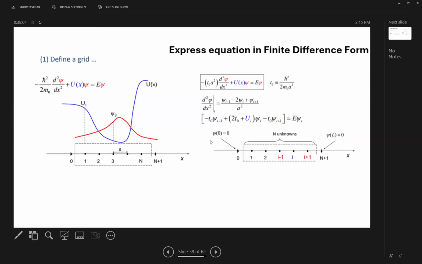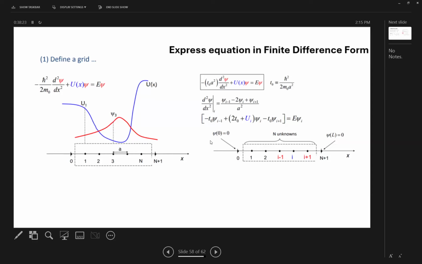So that's called the finite difference method of solving differential equations. In a similar way, if you have second differentials, you can also use this finite difference form to solve an equation.